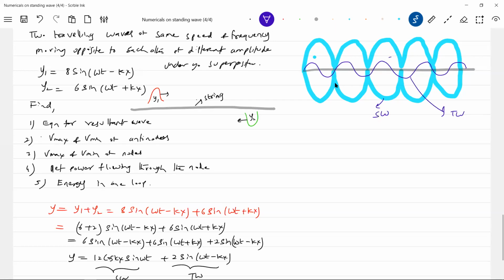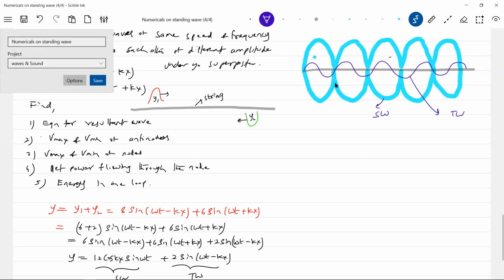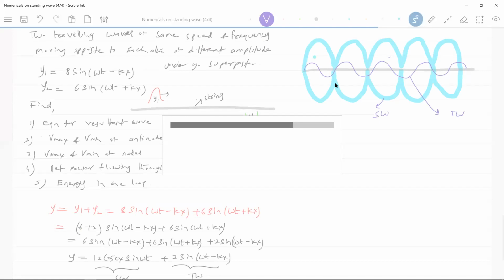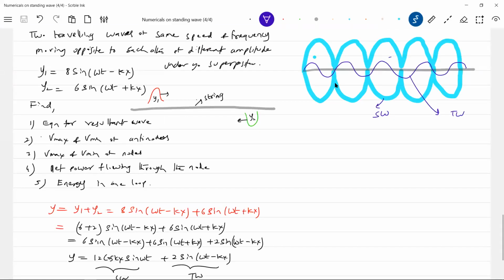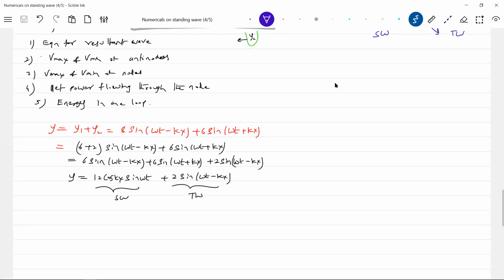So I think this is not a pure standing wave. What we earlier discussed was only a pure standing wave. Now both standing wave as well as traveling wave are present. Some students will ask, sir, why are you doing 6 plus 2? Why don't you write 6 as 8 minus 2? Any problem? Or you may do it like this also, no?